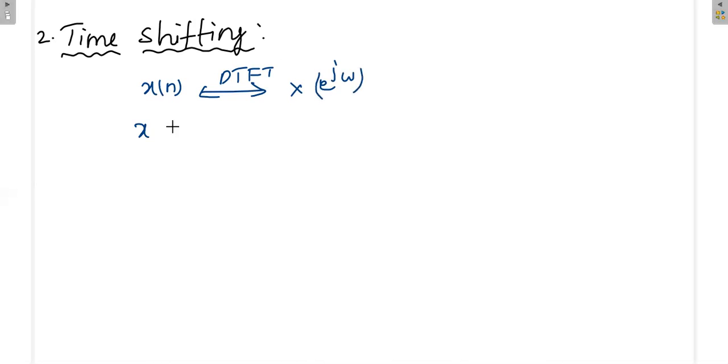Suppose the original signal x of n is shifted by some amount n naught to the right side. Then the discrete time Fourier transform of the shifted signal is e power minus j omega n naught times x of e power j omega.